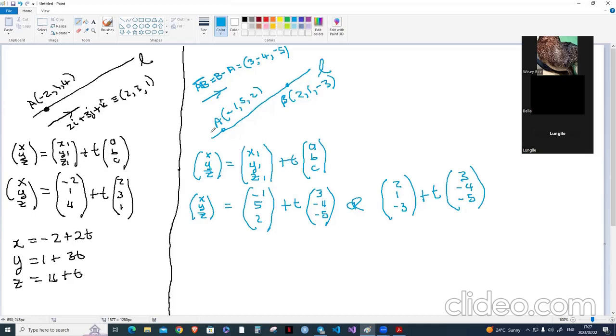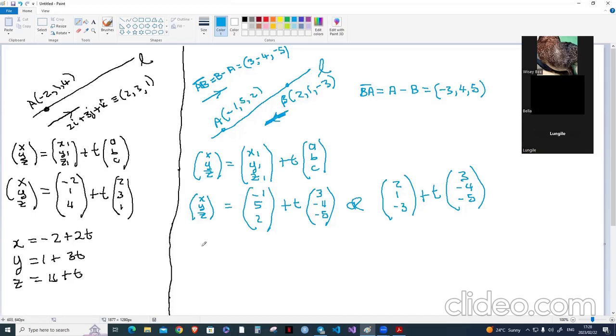Someone else might have said this line is going this way. I mean, it could be going this way. Another person could have just said BA. I want the vector BA, right? So in that case, it would be A minus B, which when you have AB, you just negate all the values there. Okay, (-3, 4, 5), right? But still, it's a vector, it's parallel, but it's facing the other direction.